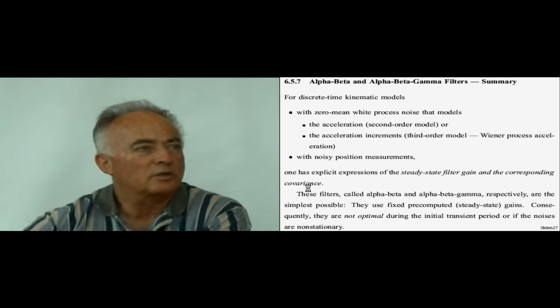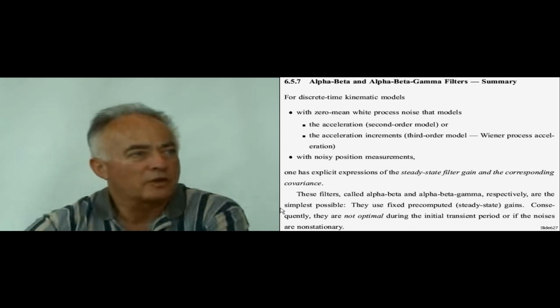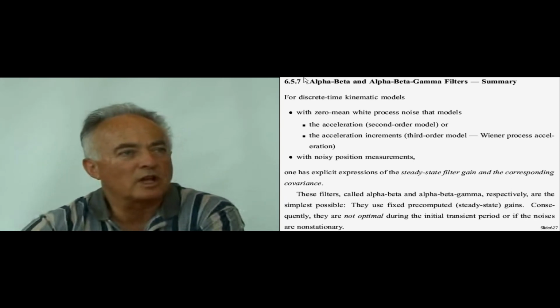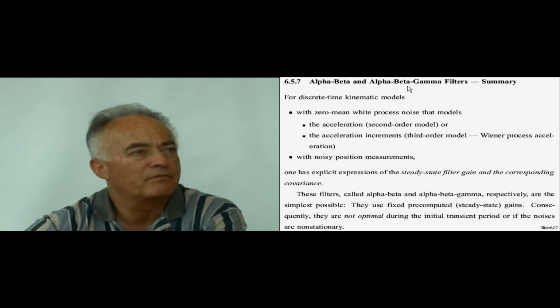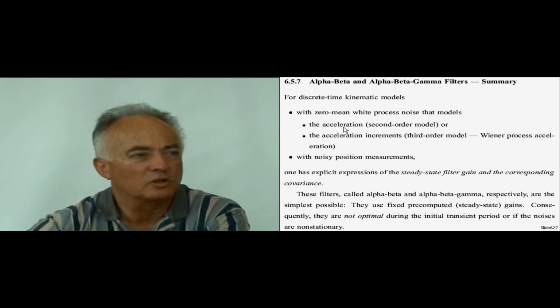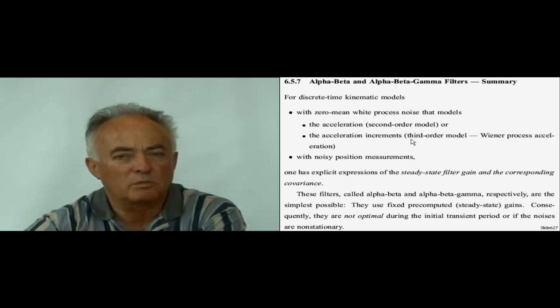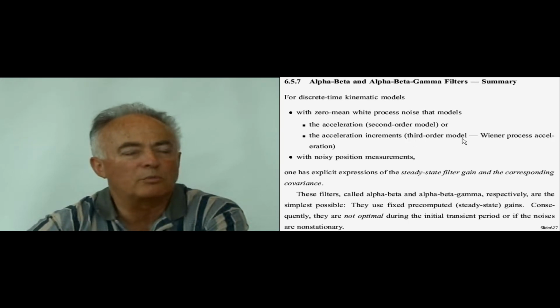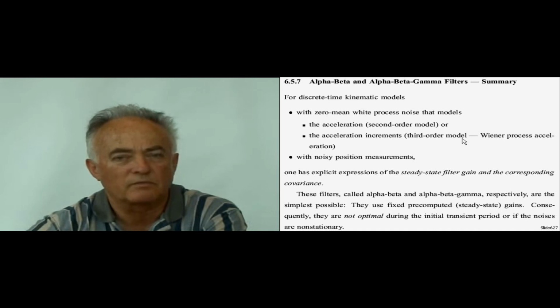To summarize, we have taken a look at the alpha beta and alpha beta gamma filters, and we considered discrete time kinematic models with zero mean white process noise, which model either the acceleration that resulted in a second order model or acceleration increments. This resulted in a third order model per coordinate in the physical space.